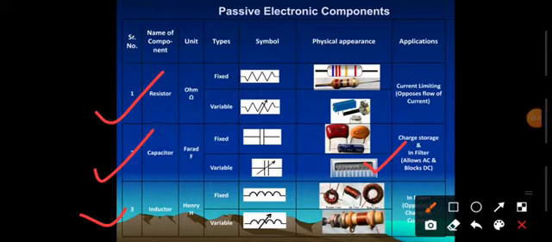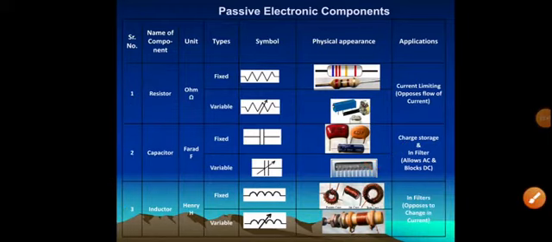Similarly, exactly opposite of that, the third component, the inductor, opposes change in current, and is used in filter circuits. It behaves exactly opposite to a capacitor.